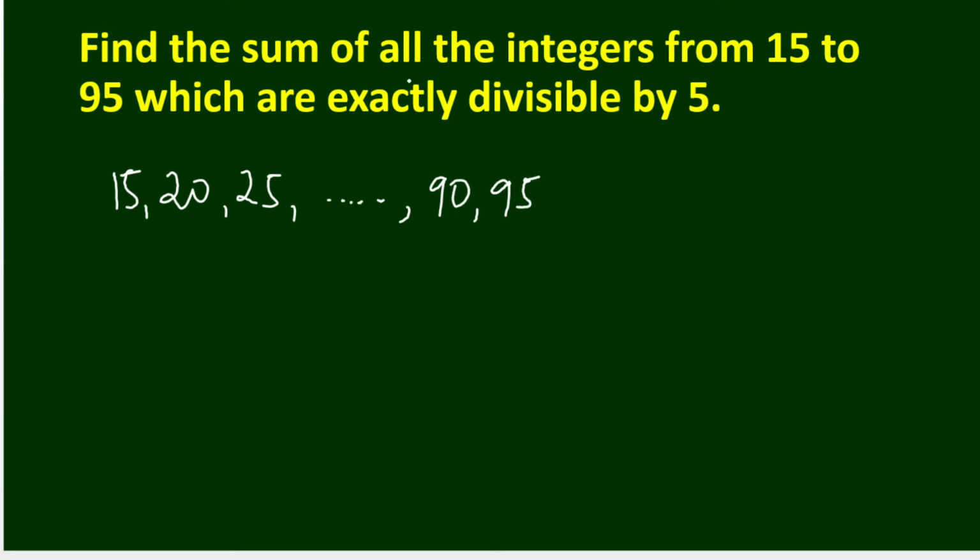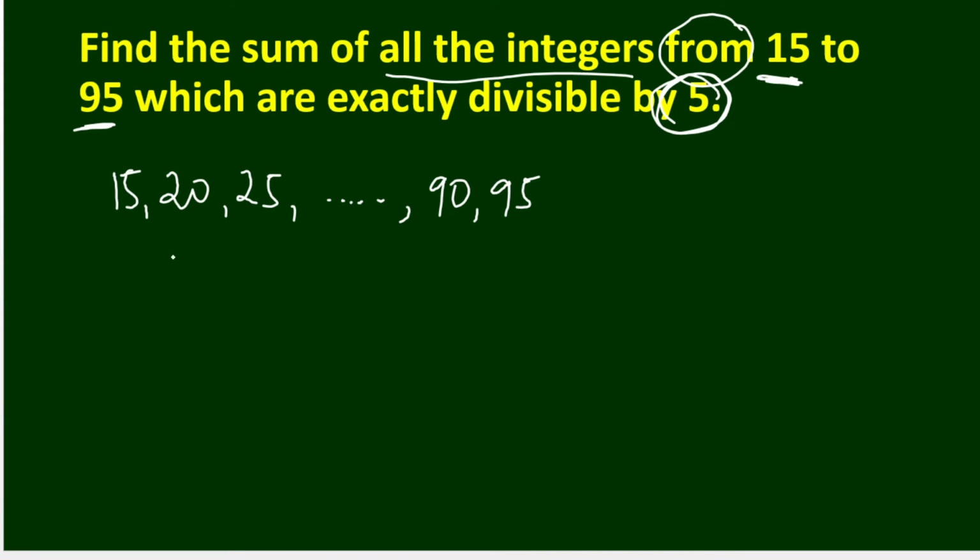It says all integers from 15, so 15 is included, to 95 which are exactly divisible by 5. Only the multiples of 5 will be included in our sequence.